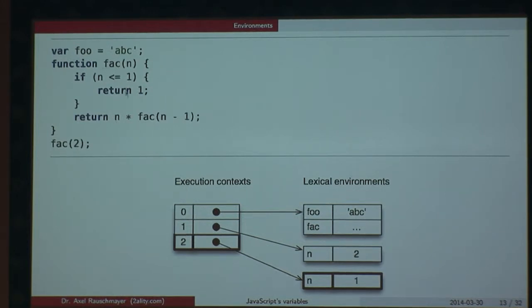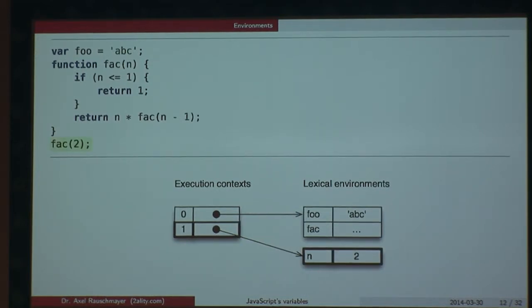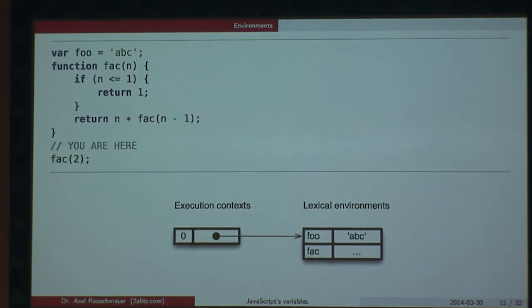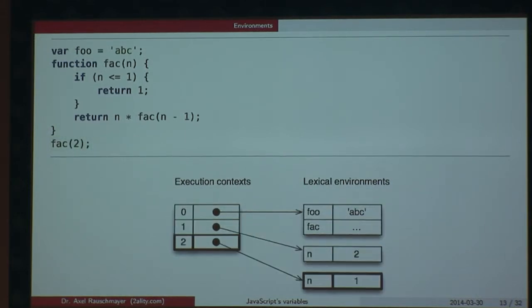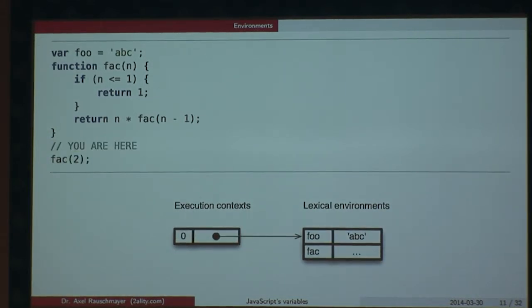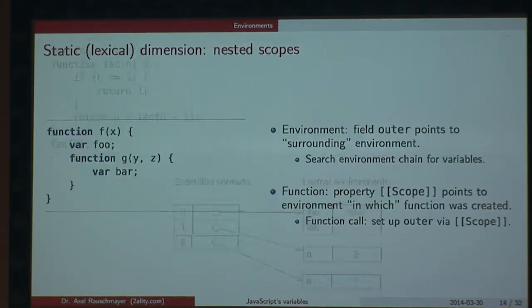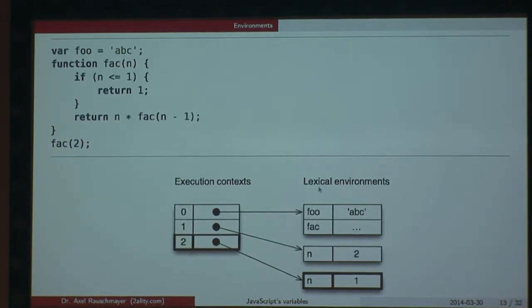Then we're actually done. Fac returns, you pop the environment, then this one is done as well, you pop it again, and you're back in global scope. So this is where the stack grows and then shrinks again. Global variables are always there, because unless you leave the program, you never leave the global space.